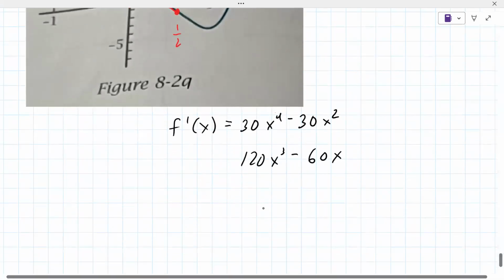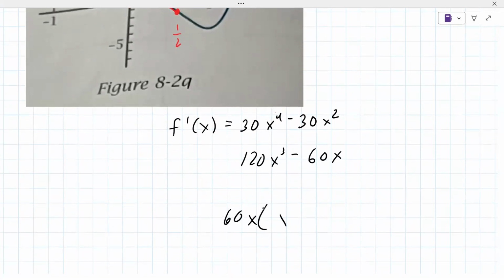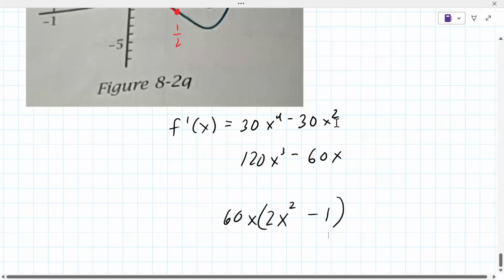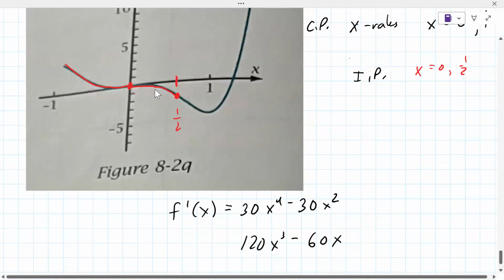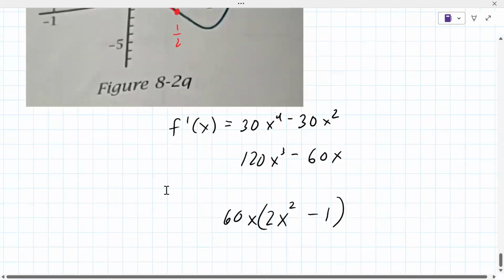So this time you can factor 60x out of both and you get x times 2x squared minus 1. Okay. Is that right? Yeah, it looks right. It looks like it's 1/2. We're going to see it's slightly different.